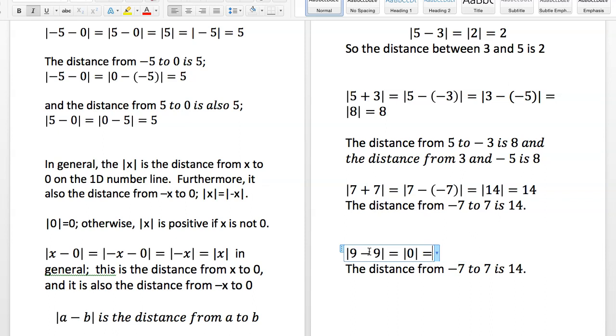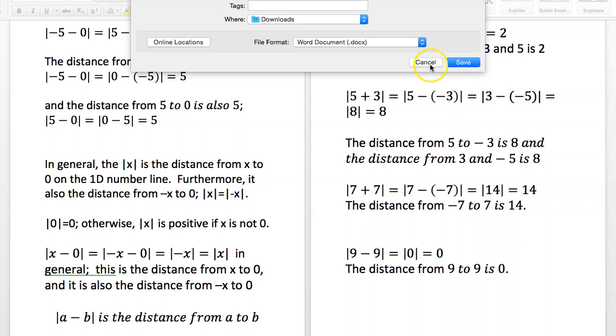There's not much to say here. The distance from 9 to itself is 0. If you don't move, you're not going anywhere. So that's sort of the ho-hum case, right? That's not exciting at all.